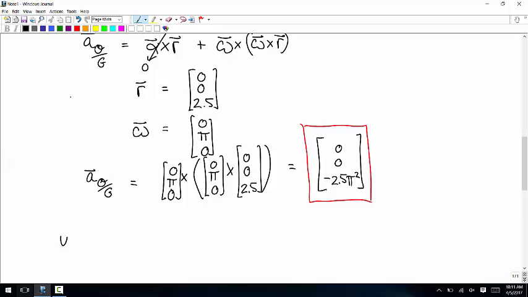And now we're going to use the rotating coordinate system thing to find the acceleration of the astronaut relative to the origin.